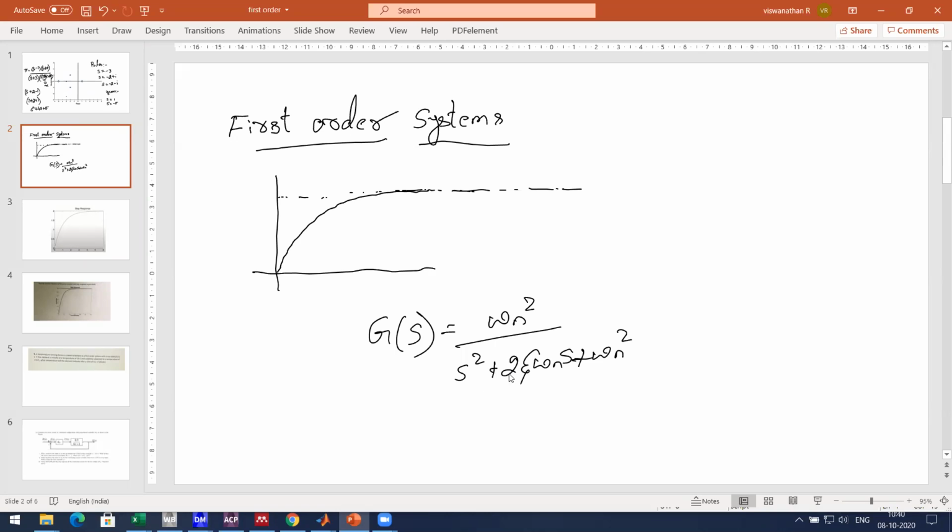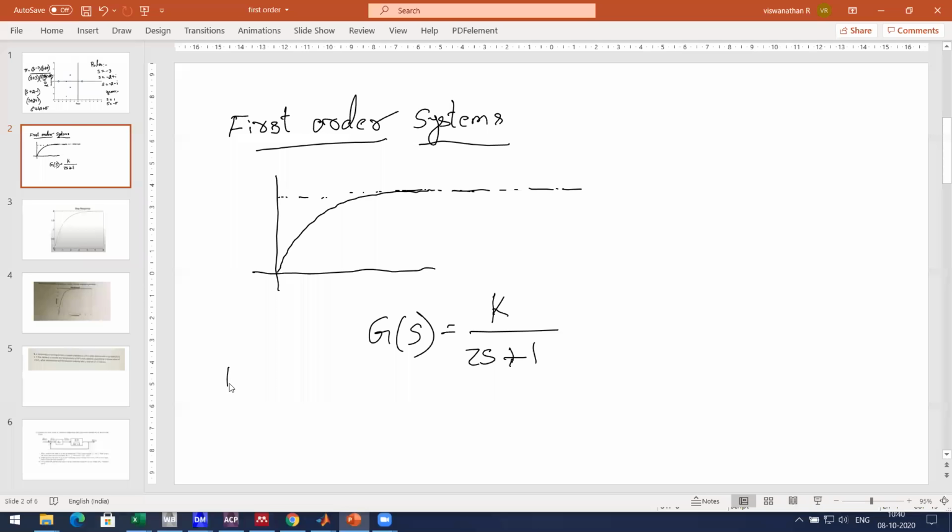Instead of zeta and omega n, for a first order system it is written as K divided by tau s plus 1, where K and tau are important, like zeta and omega n in a second order system.